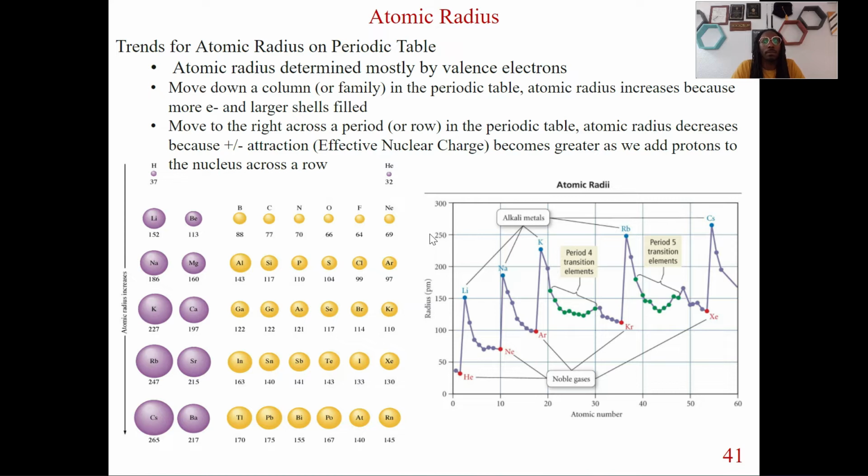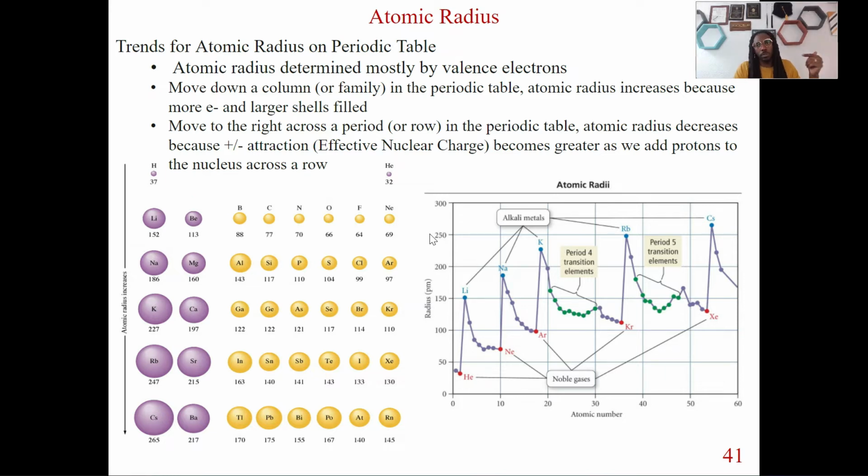Basically, this deals with the attraction between those two. This attraction becomes greater as we add protons to the nucleus. As we go across the periodic table, we're always adding protons, so we have this bigger attraction, and therefore it impacts my atomic radius.